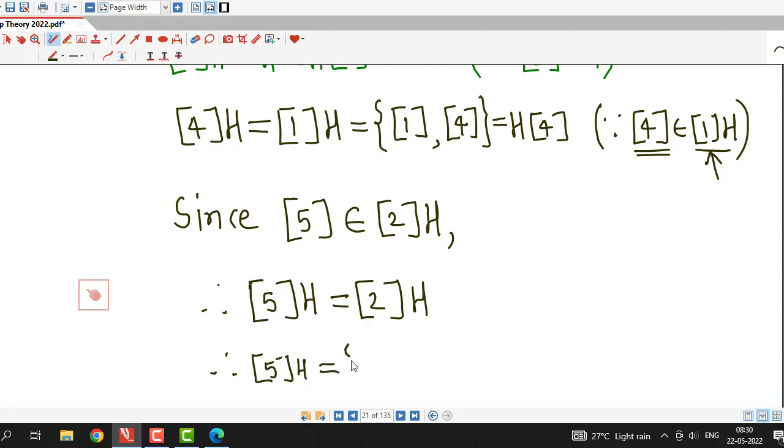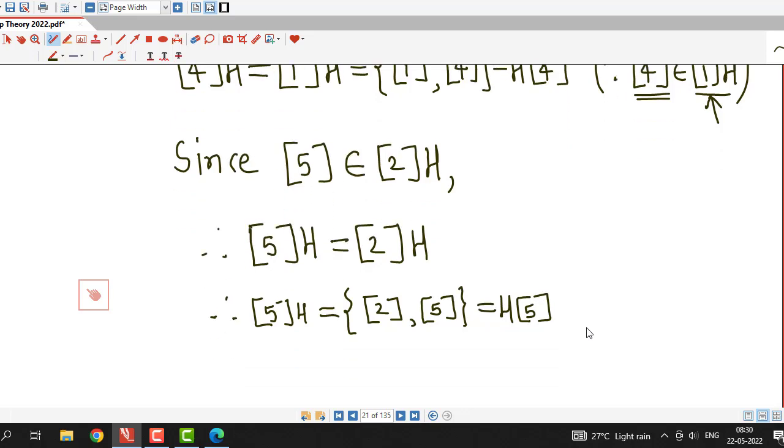It contains two equivalence classes 2 and 5, and our group is abelian, so this is equal to the right coset corresponding to equivalence class 5.